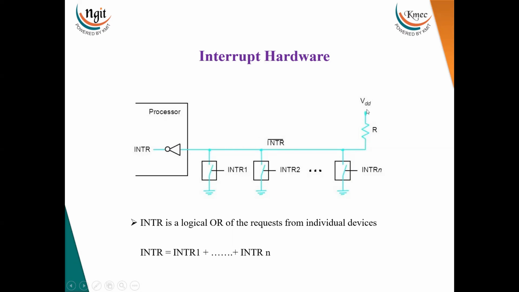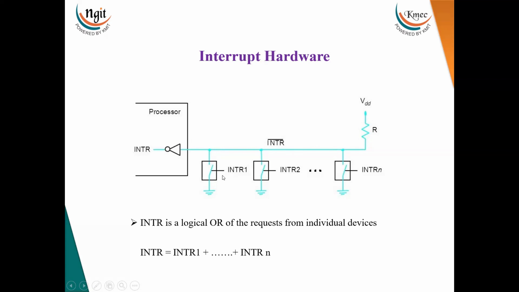The current will go to the ground, which means the complete signal is grounded using this switch. So now on this line, the INTR bar value is equal to 0. After this inverter, INTR is equal to 1. If INTR is equal to 1, then the processor understands that an interrupt signal is generated.